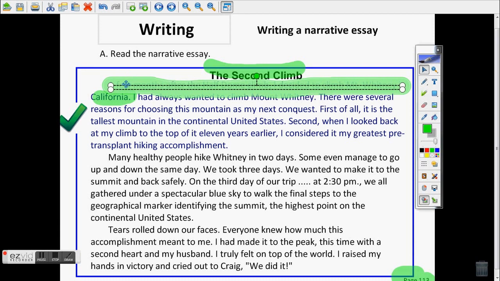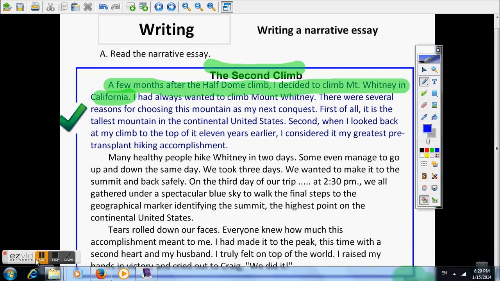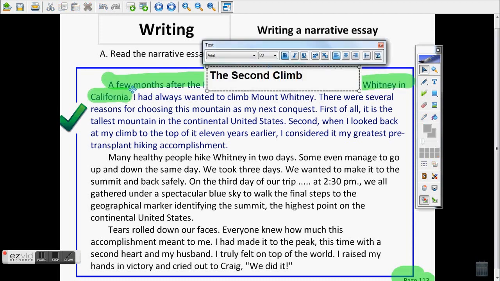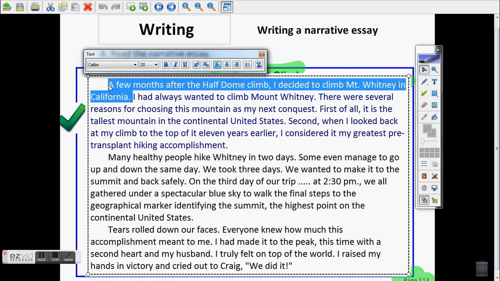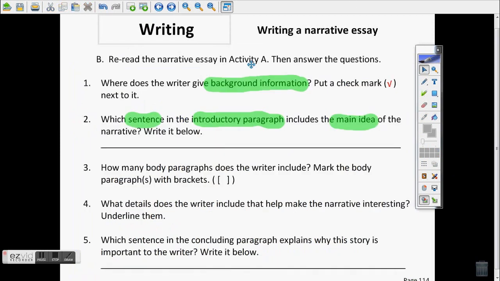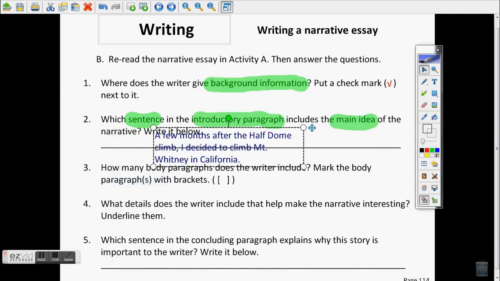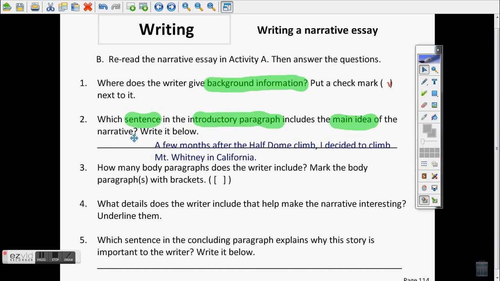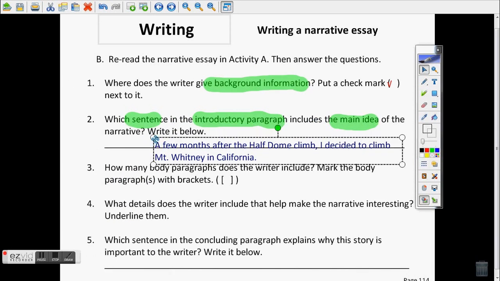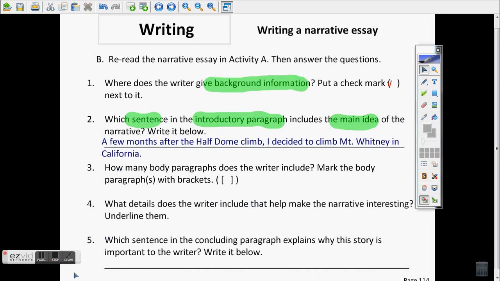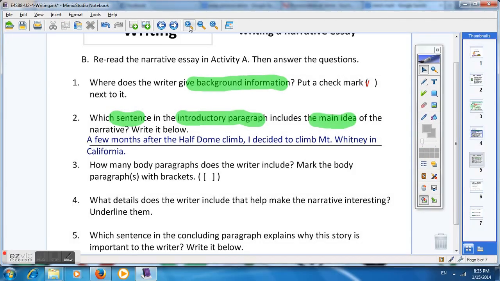So you have to get the sentence and write it.